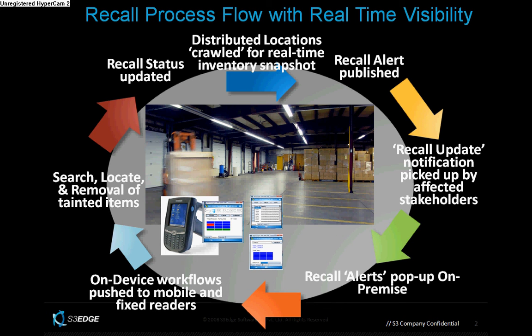In a sense, we needed to figure out a rapid, cost-effective way to put in place an internet-scale, secure, high availability architecture for distributed search and locate of tainted items in the supply chain, and removing them and tracking them in real time before they reached end customers' hands.